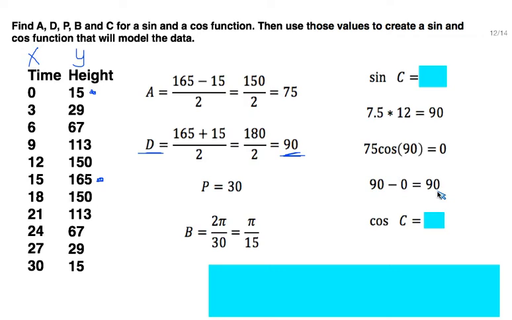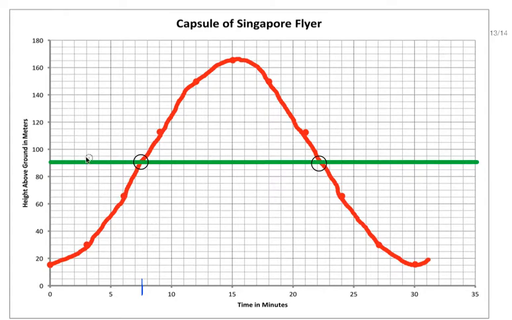So what that's telling me is that this is my y value when x is 7.5. Okay, and I want to have a y value of 90 when x is 7.5. That's exactly what I'm looking for.